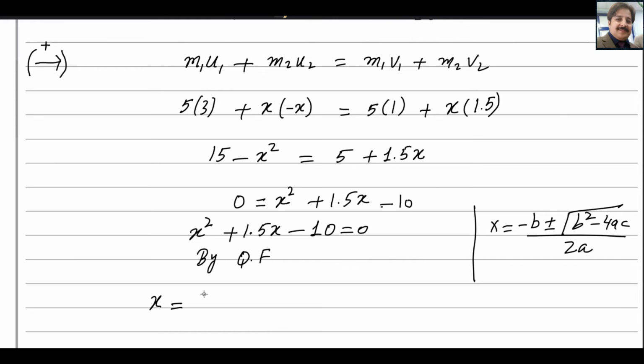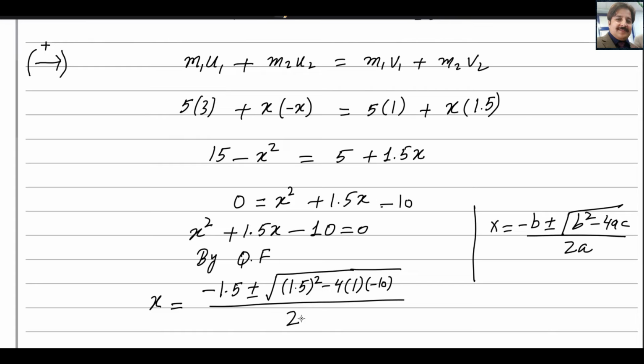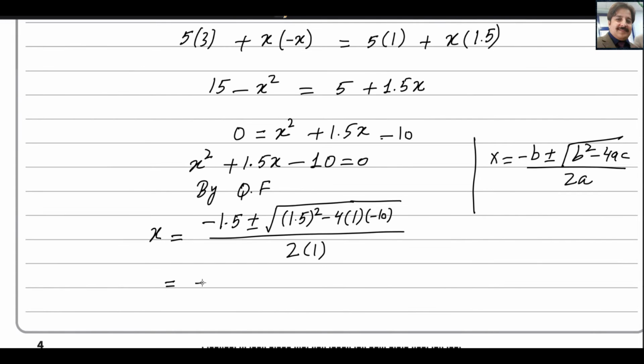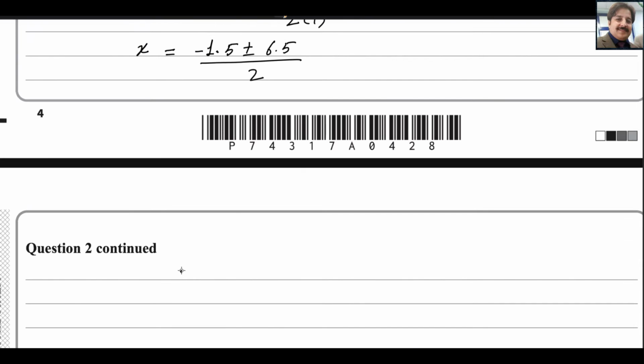x will be minus b, minus 1.5, plus minus square root of 1.5 squared minus 4ac, where a is 1 and c is negative 10, divided by 2a, 2 into 1. The answer under the square root is 6.5, divided by 2. Now we'll get two answers for x.